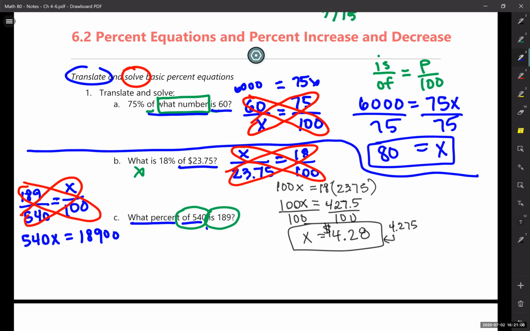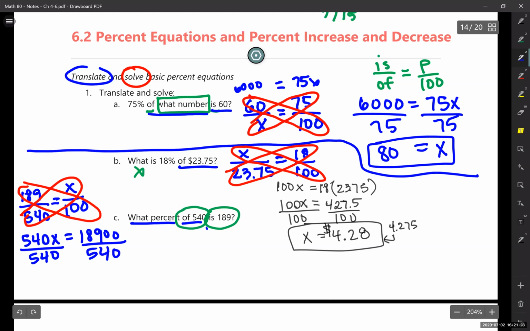The equal sign means we can write either one on the left and the other one on the right. So I have my number 18,900 and I'm dividing it by 540 and I get, I'll write that out, 35.